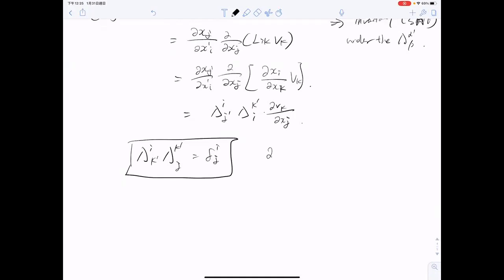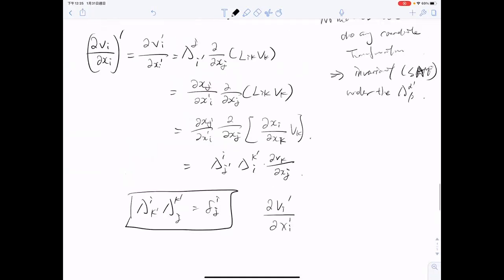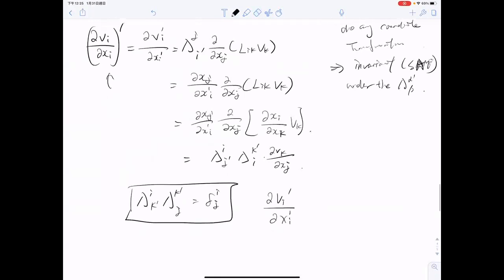We revise this guy. It is equal to delta JK V_K over x_J, which is completely okay.